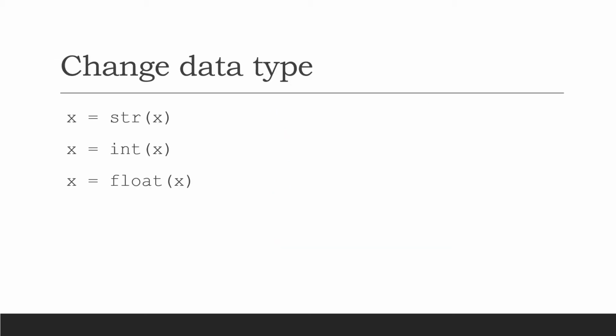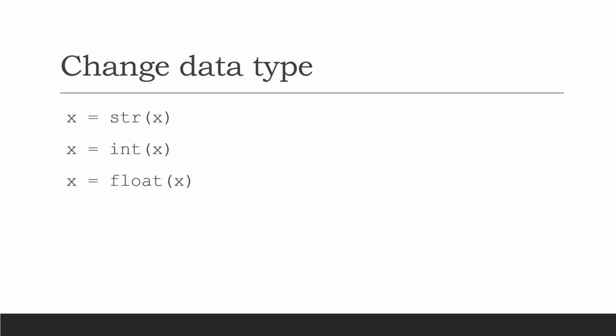We can also change the data type by using 3 more Python functions. str changes a variable to string type, int changes a variable to integer, and float changes it to the float data type. So x equals str(x) will take the variable x, convert it to a string, and store it back as x.